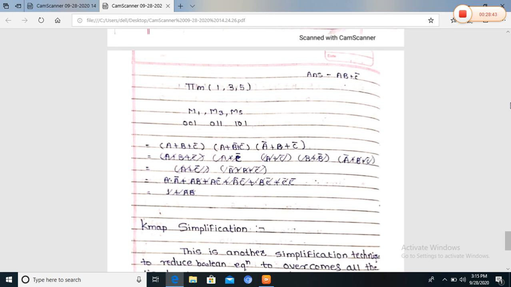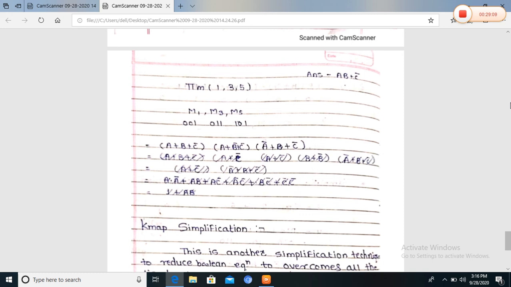Next term 0, 1, 1: 0 is A, and 1, 1 are represented in POS as bars, so B bar plus C bar. Next, 1 is a bar, 0 is B, 1 is C bar, so 1 is a bar in a POS. And these values are in the range of 0 to 7, that is 1, 3, 5, up to 5, 6, 7.